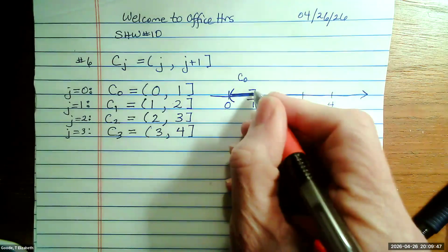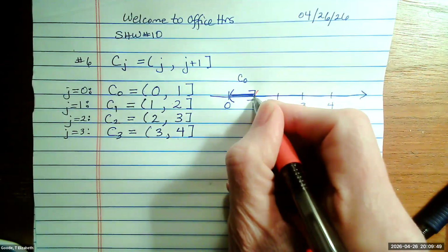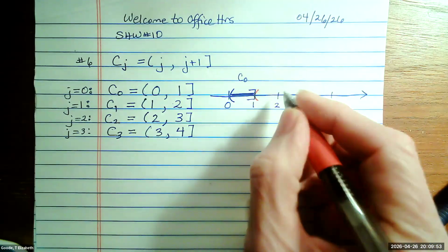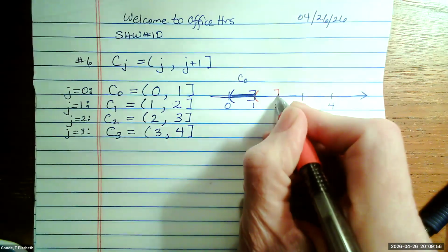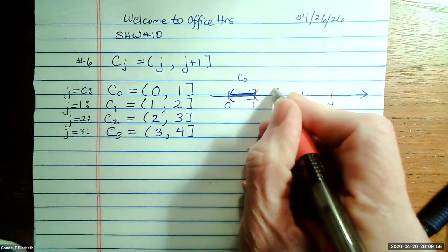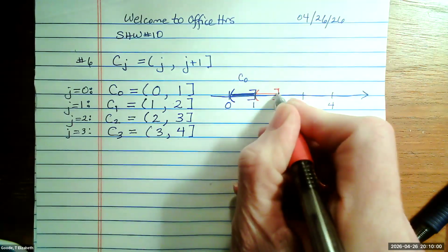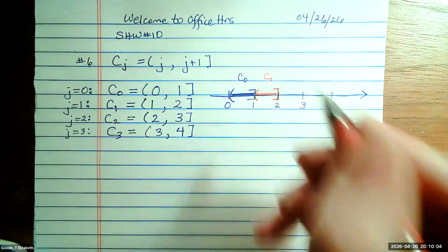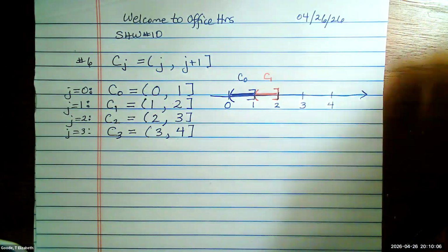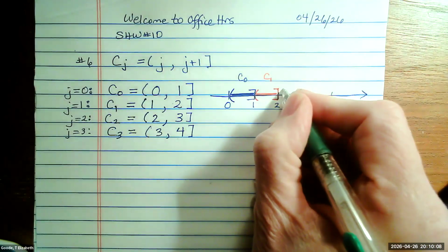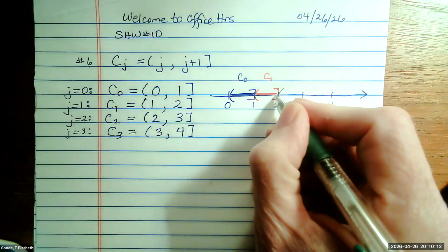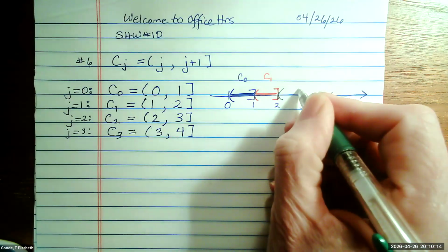And C1 picks up right after the 1. It doesn't include the 1, but it's as close to 1 as you want. And it goes to 2, and it does include the 2, and it's everything in between. So there's C1. C2 doesn't include the 2, but it abuts the 2.